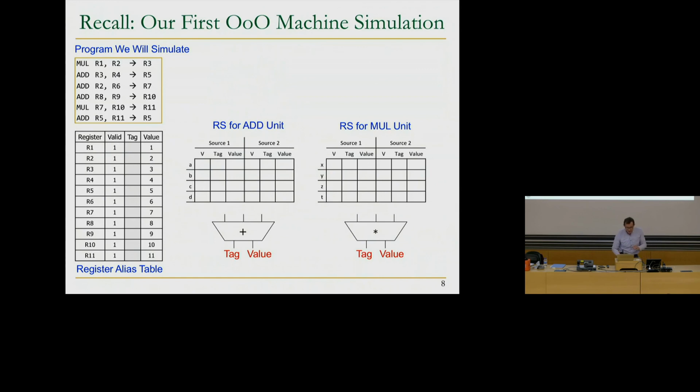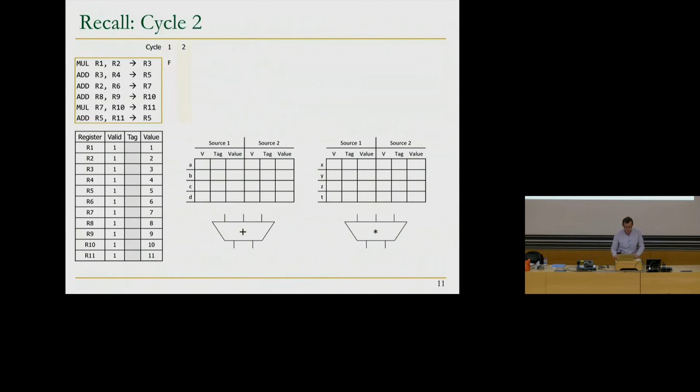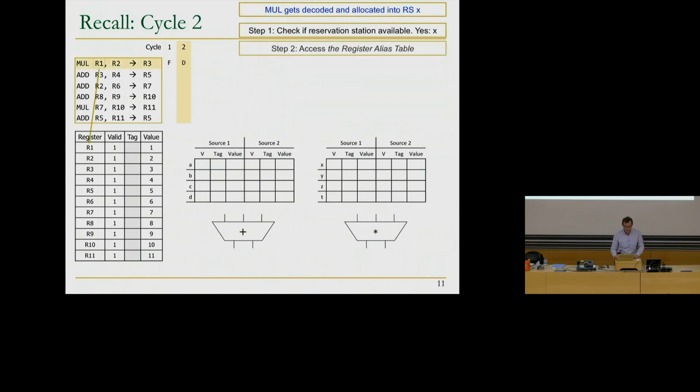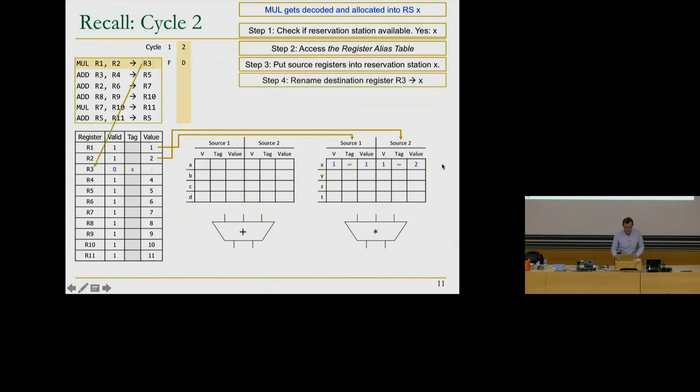Basically, for example, this instruction multiply, if you recall, we renamed it in cycle 2. And renaming means that you first read the source registers, put them into the reservation station entry that you allocate for this. And then the destination register gets renamed to the ID of the reservation station entry.